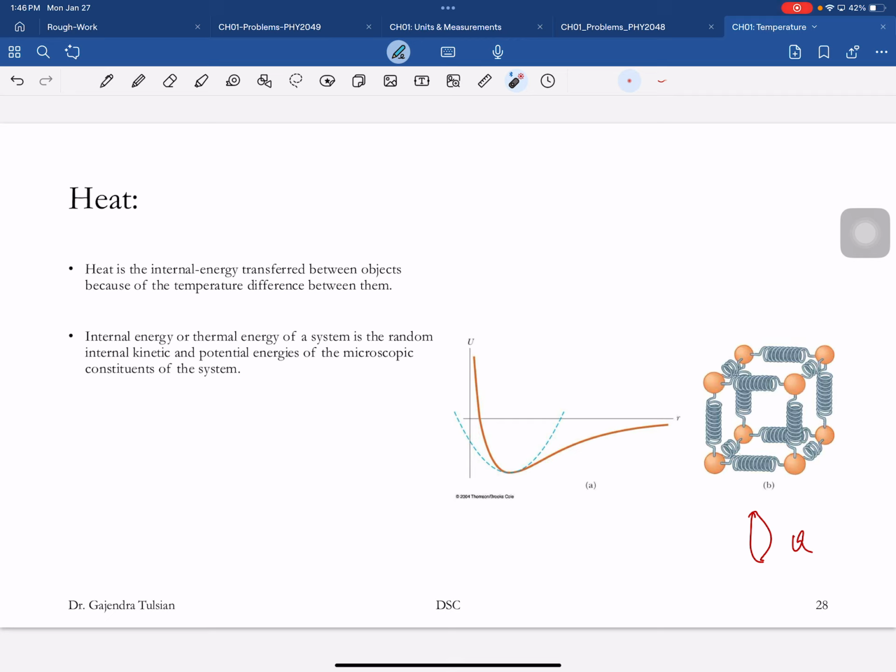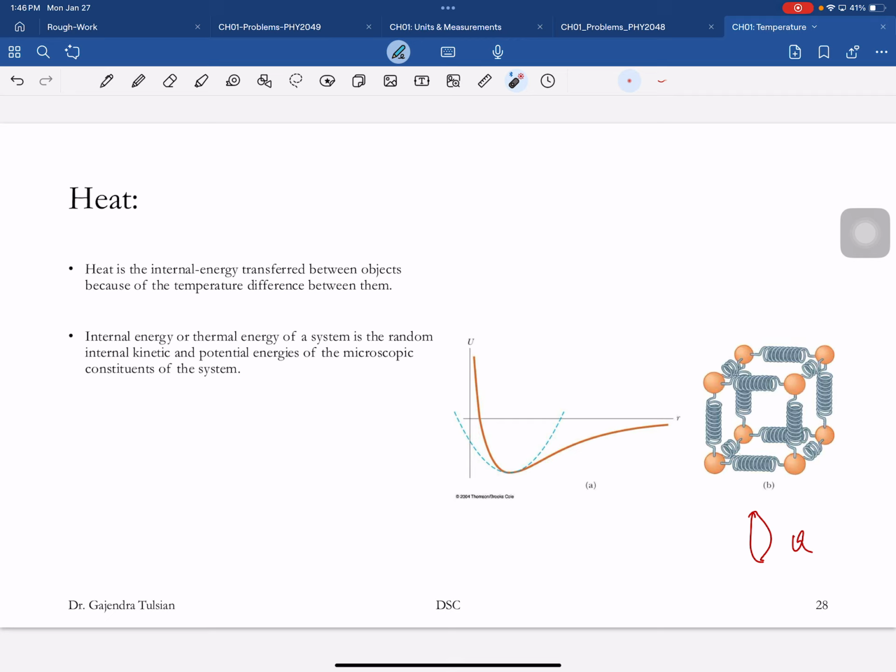And when you bring this in contact with another object that is at a colder temperature, this internal energy flows from the hotter object to the colder object. The average kinetic energy is decreasing and the average potential energy is decreasing by equal amounts.